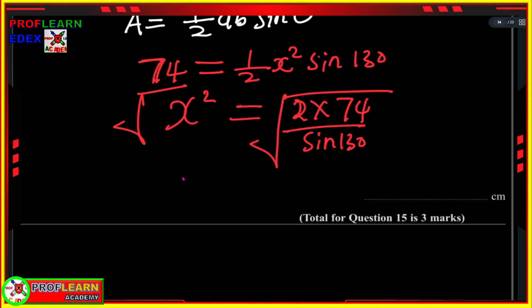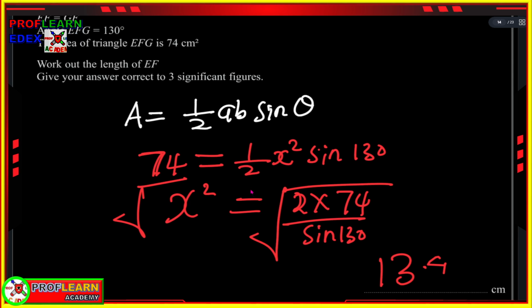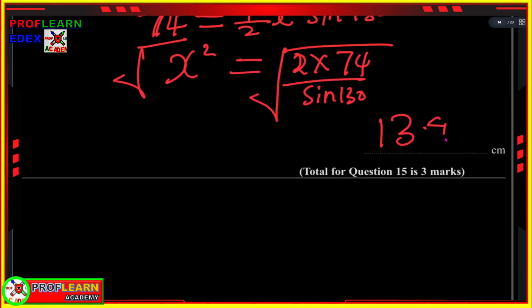So this is going to be the square root of 2 times 74 over sine 130, which is 13.9. Correct to how many significant figures? 3 significant figures, so we shall give our answer as 13.9 centimeters.